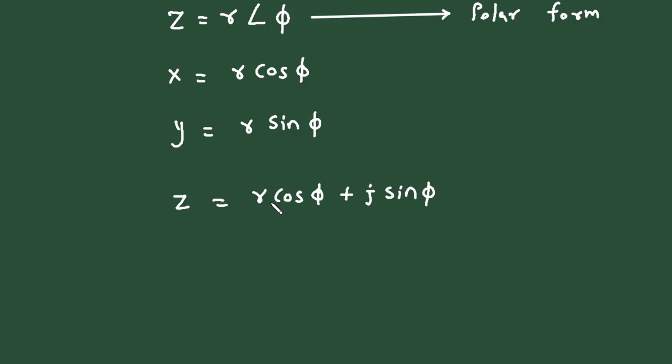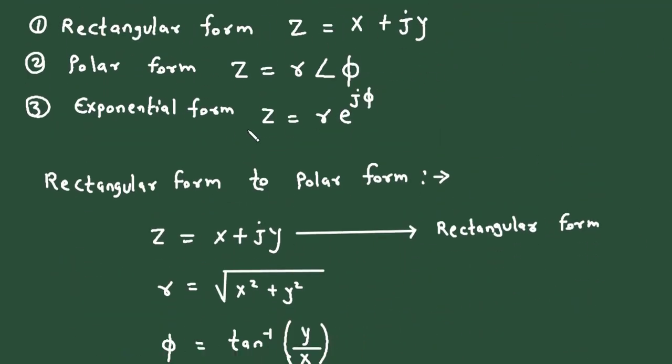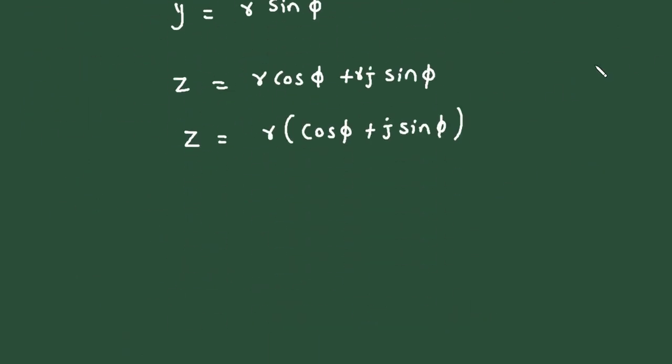Now we can take this r common from here. So therefore z is equal to r in bracket cos phi plus j sin phi. Also remember that in case of exponential form, here we can write also z is equal to r e to the power j phi.